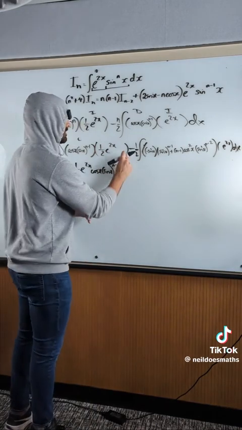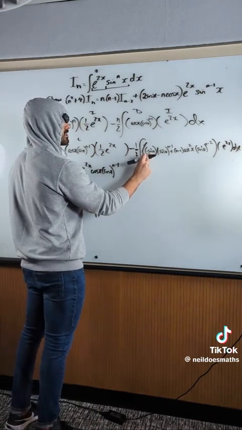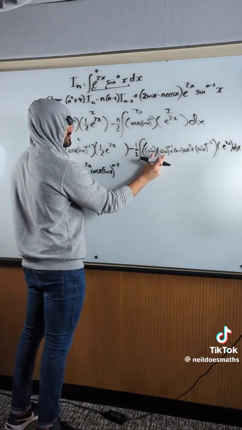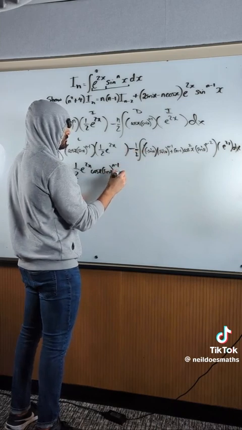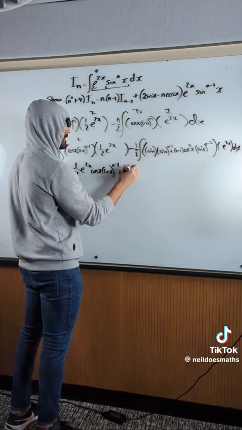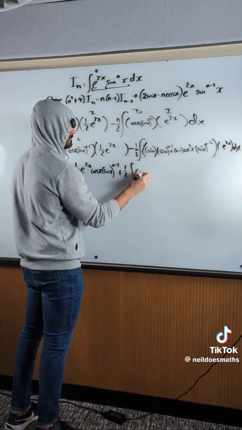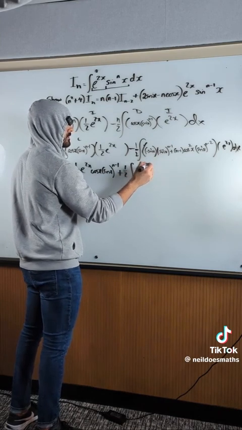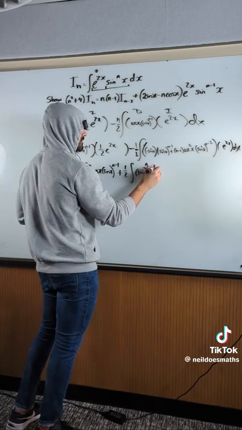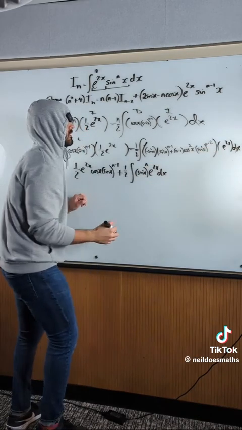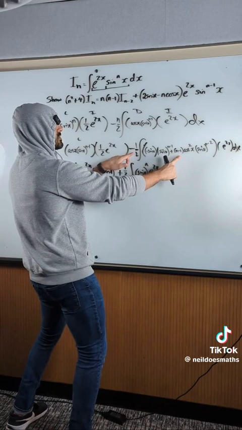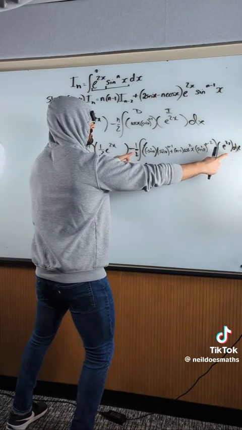This is minus sin x to the power of n, like I just said. The minus half, with the minus, becomes plus half integral of sin x to the power of n times e to the power of 2x dx.